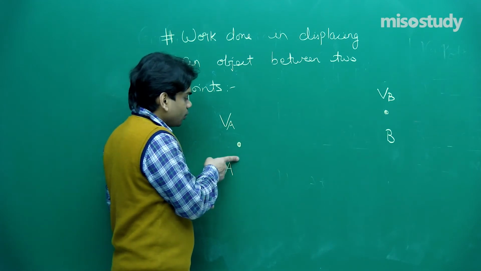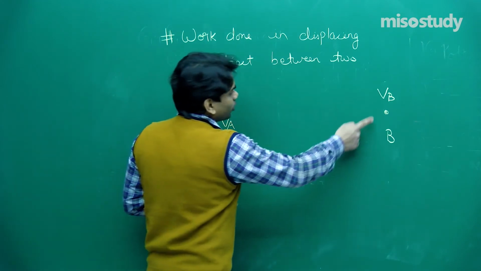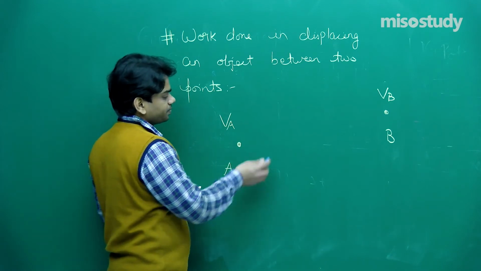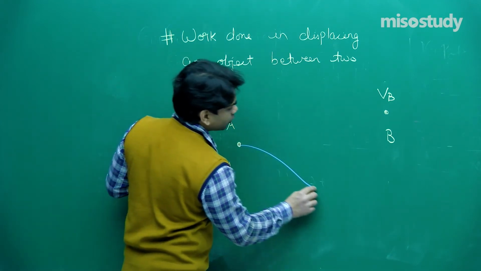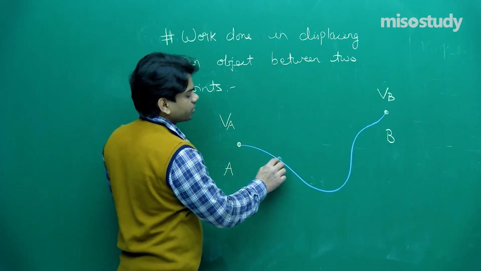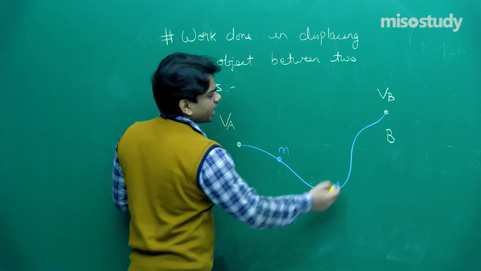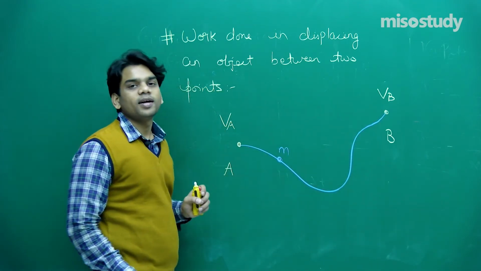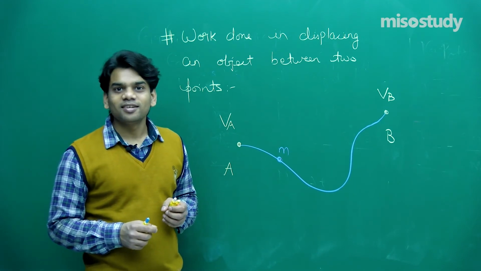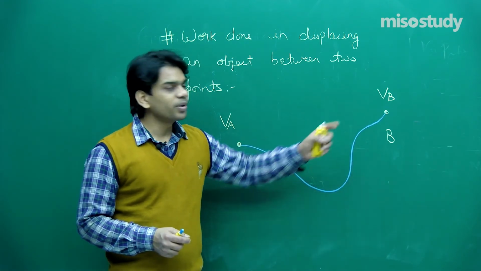I have given you point A's potential is VA, point B potential is VB. Now suppose an object of mass small m is taken along any randomly chosen path. What will be the work done by an external agent while carrying it from A to B?